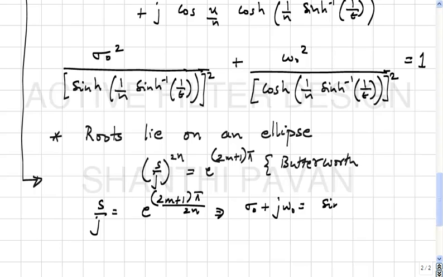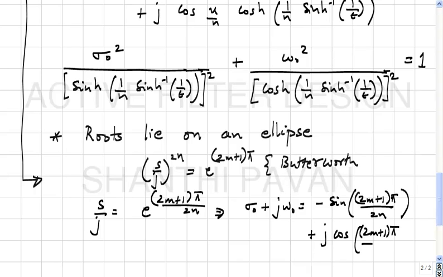The real part will be sine, so sigma naught will be minus sine of 2m plus 1 into pi by 2n, plus j cos of 2m plus 1 into pi by 2n.